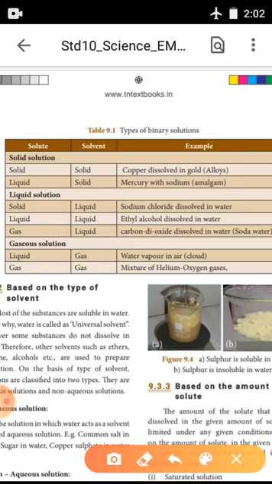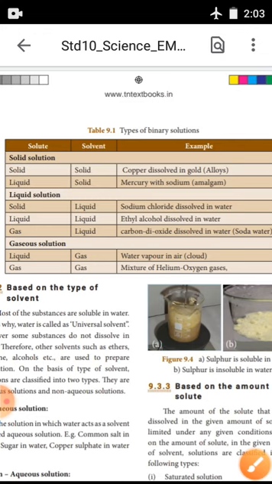If you have to prepare one solution, as I already said, we need 2 substances. One is solute, another one is solvent. Okay, see the solid solution. Solute is solid, and the solvent is also solid. So what is the example of solid solution? Copper dissolved in gold.